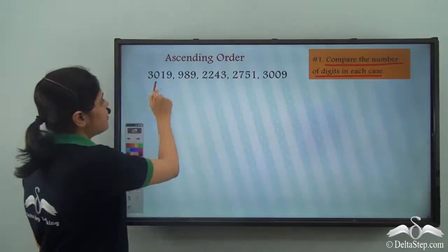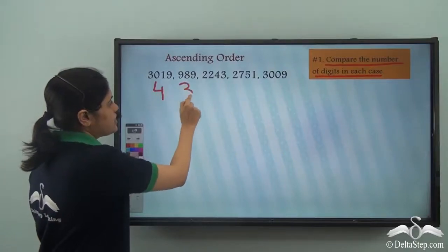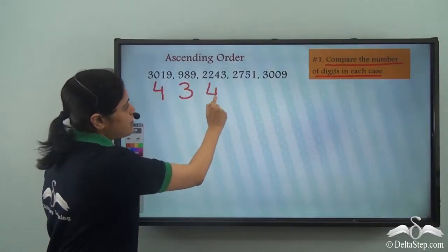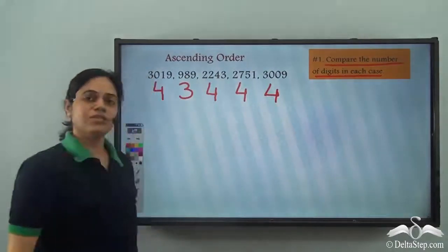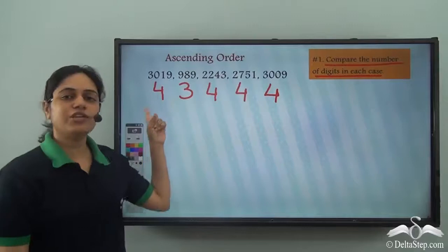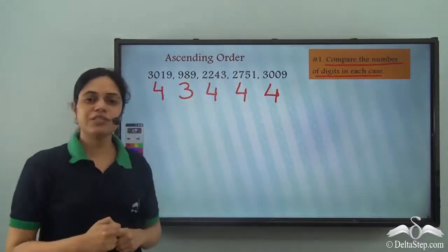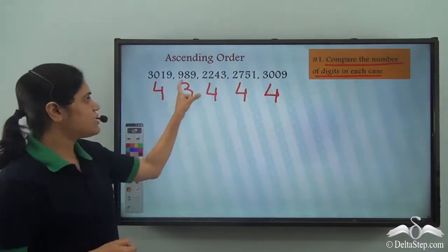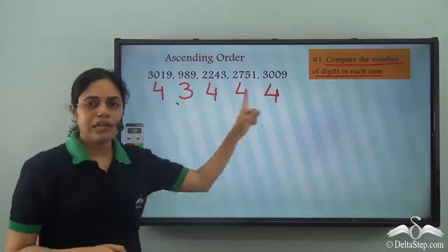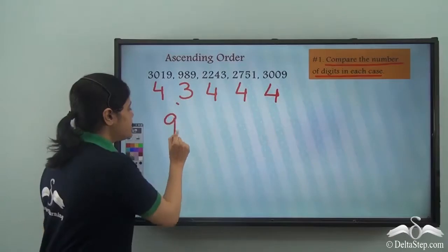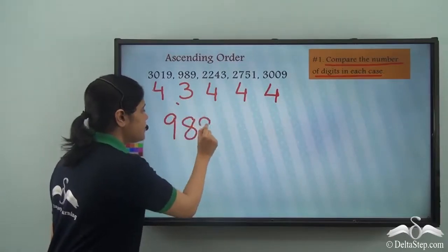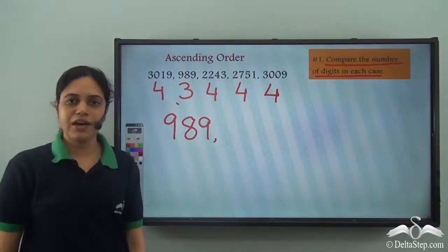So this number has 4 digits, this has 3 digits, this number has 4 digits, 4 digits, 4 digits. So just one number has 3 digits, all the other numbers have 4 digits. So this is clearly smaller than the other numbers. So 989 is smaller than the other numbers. So 989 will come first.